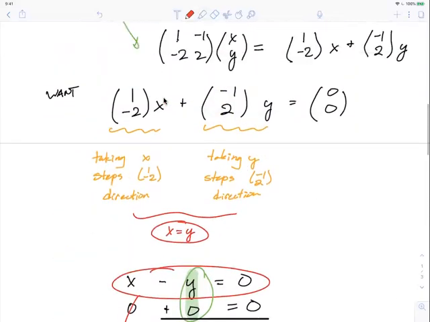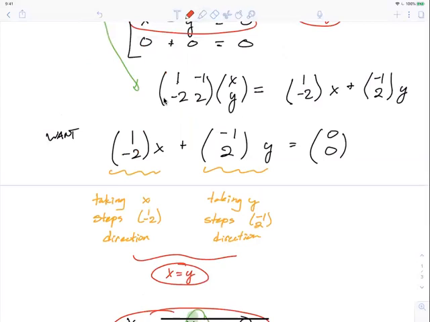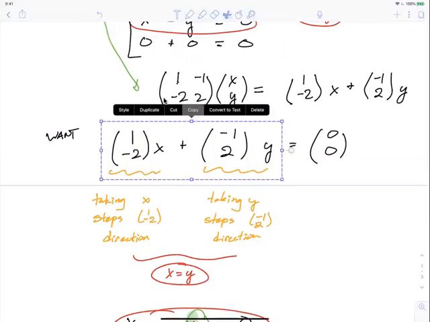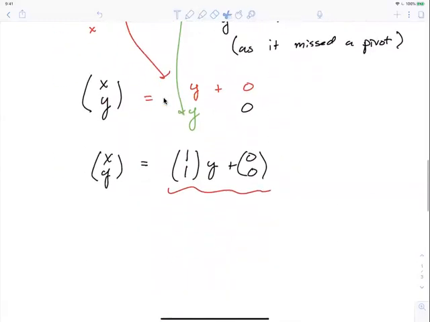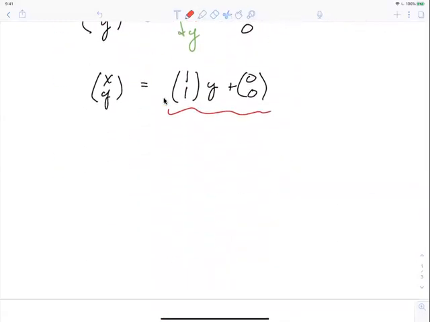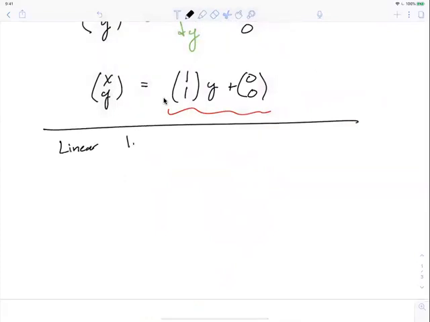So we're going to go back to this particular interpretation, and we're going to talk about a concept called linear independence, or dependence.